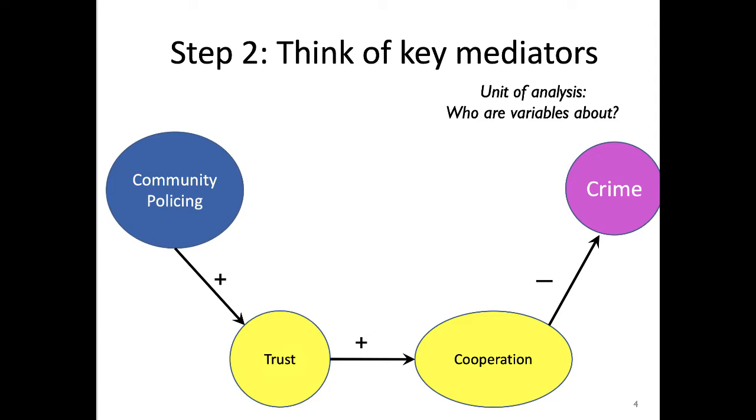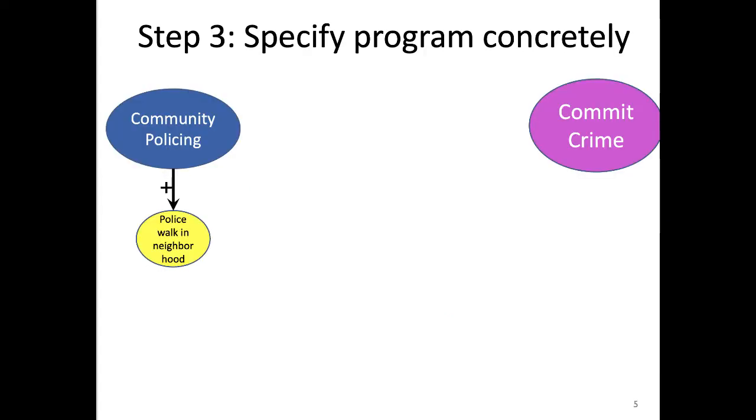So after you've done a bunch of brainstorming about some key things, you're going to want to go back to basics in two ways. First, you want to specify your program as concretely as possible. What is this thing called community policing? What do you actually do? Well, it's actually a whole bunch of things. But one of the things that is typical is the police walk around the neighborhood.